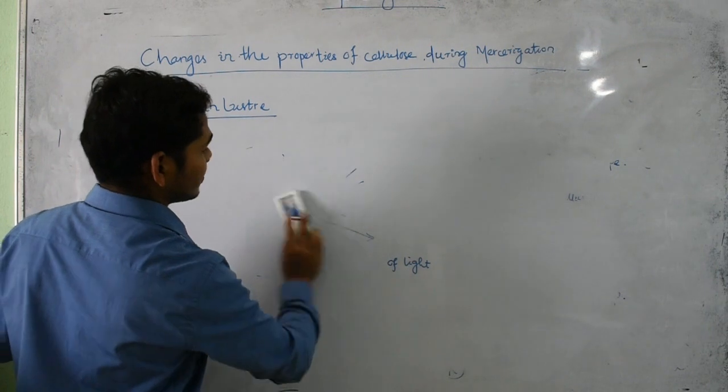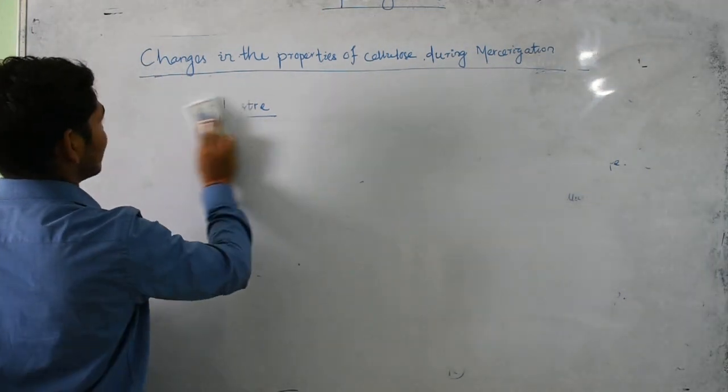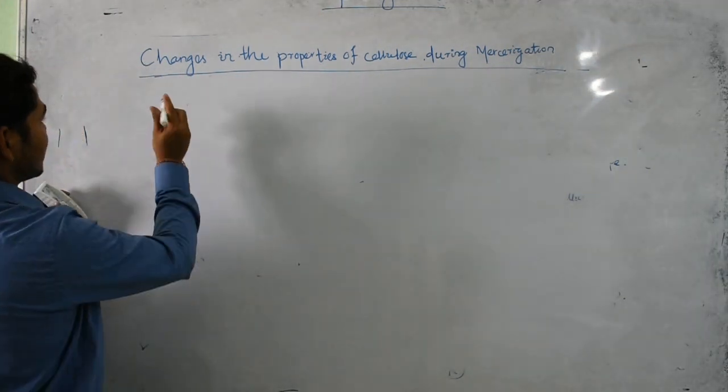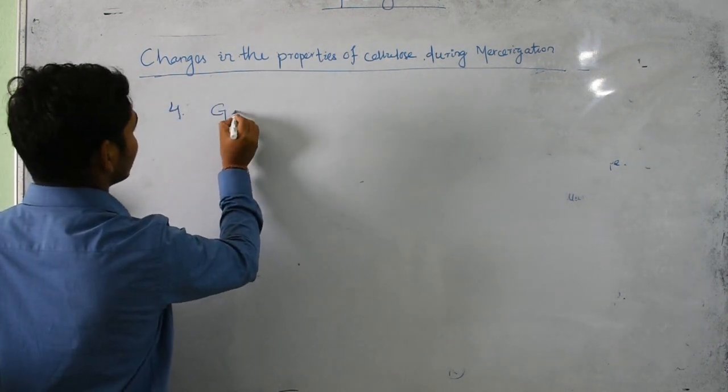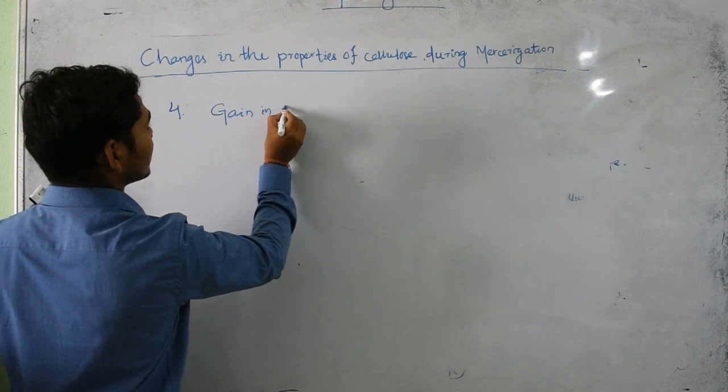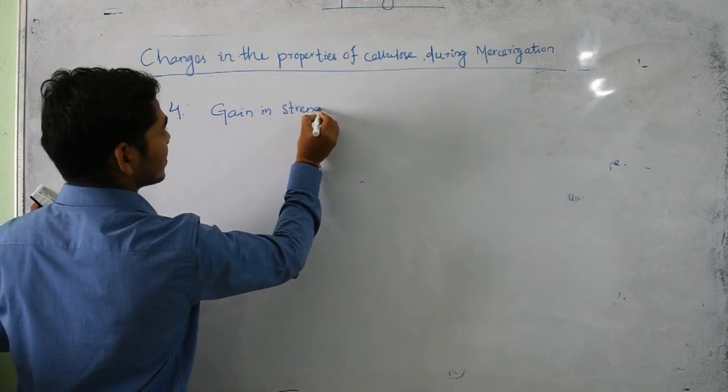Now, coming to the next change that takes place in properties of cellulose is gain in strength.